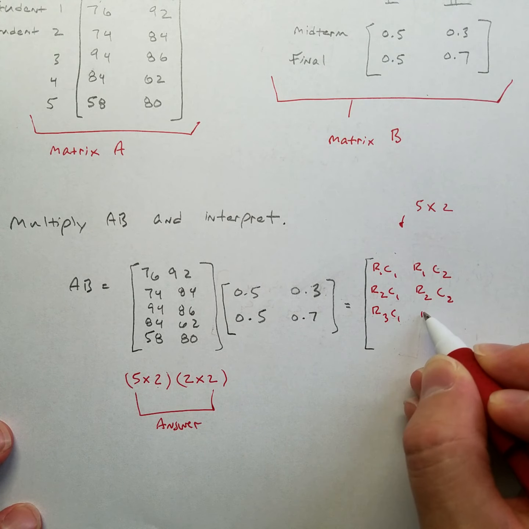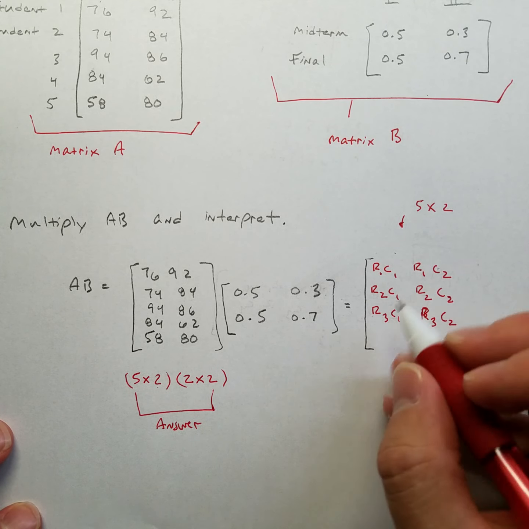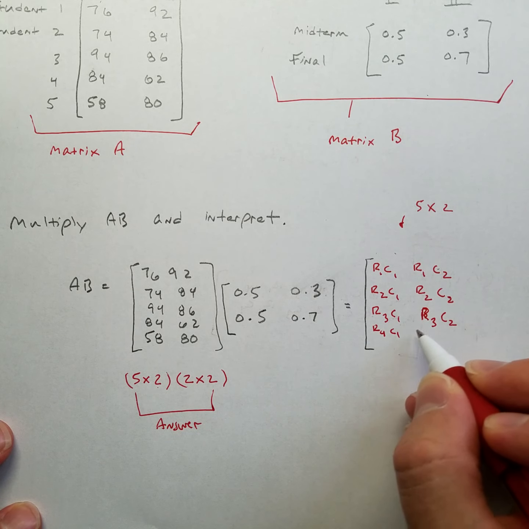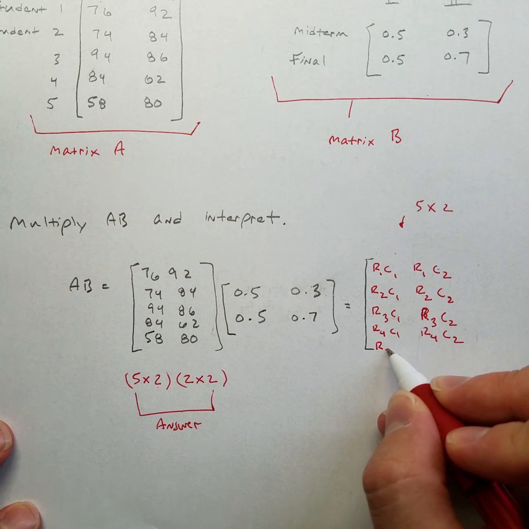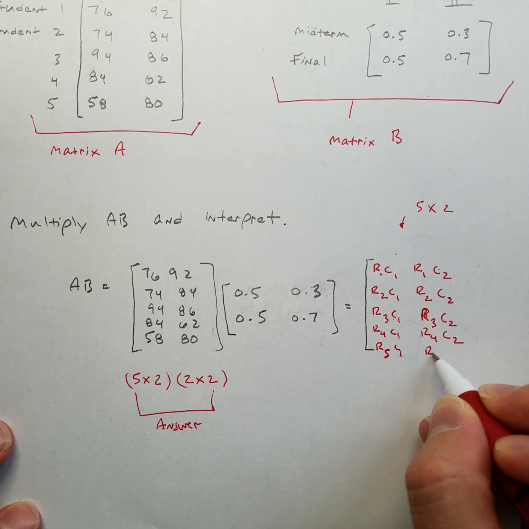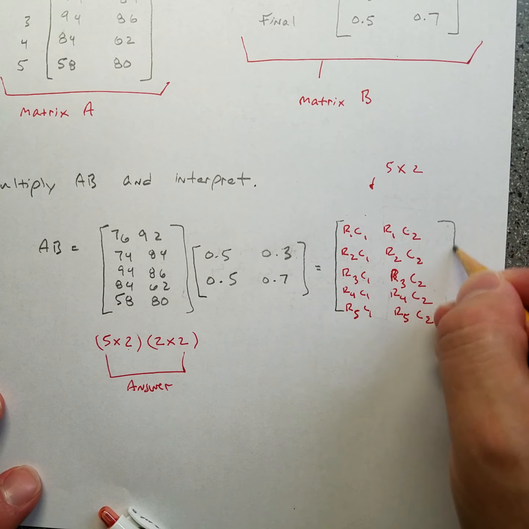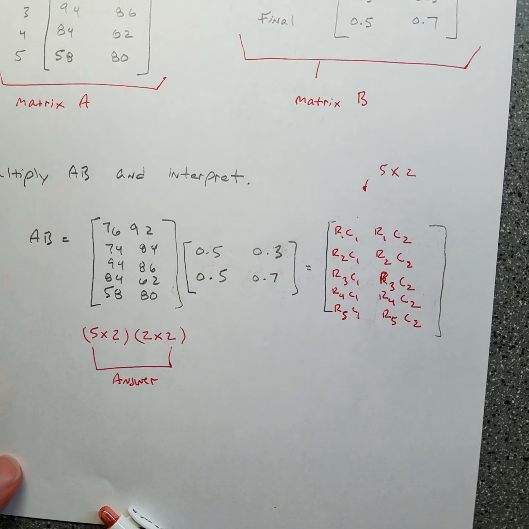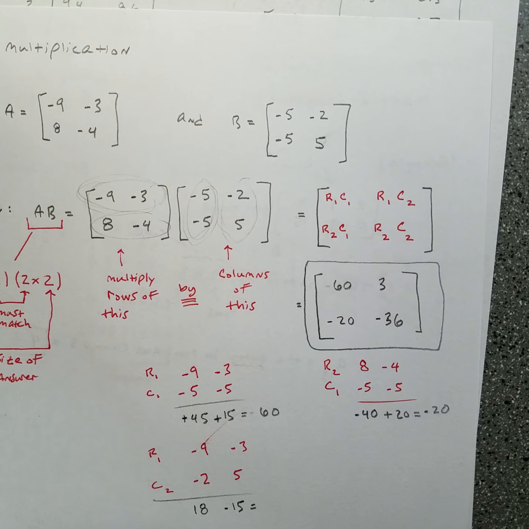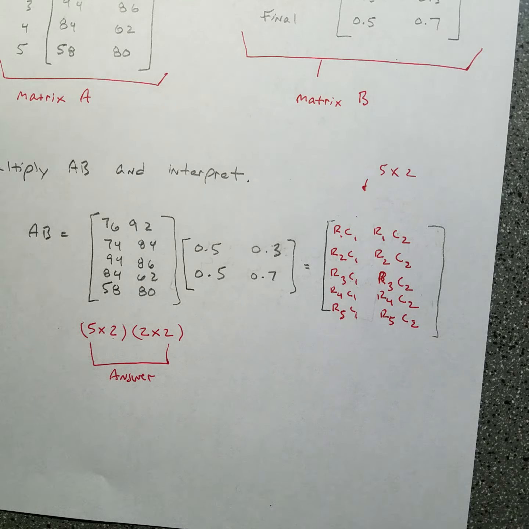R3, C1, R3, C2, R4, C1, R4, C2, and then the last one, R5, C1, R5, C2. Okay, so that's the pattern. It really is no different than this very first one that I showed you. I just have to extend it a little bit to be the size that the answer needs to be.